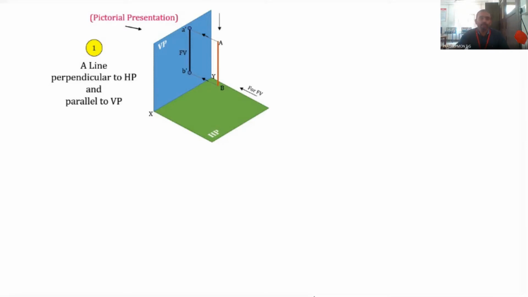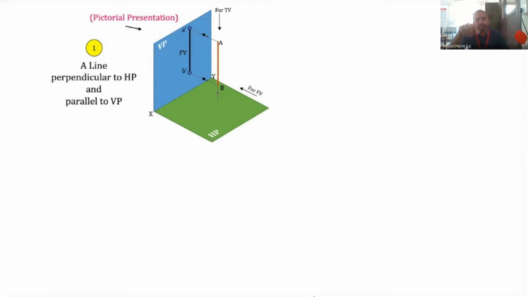Now, in order to get the top view, we look from the top. When we look from the top and project point A, that projection ray will be passing through B, since the ray of light should be traveling perpendicular to HP, and the line AB is already perpendicular to HP.